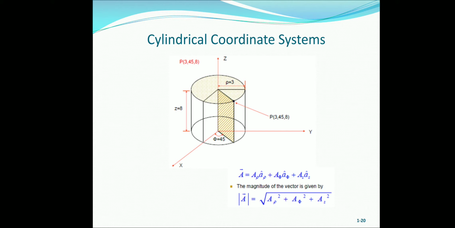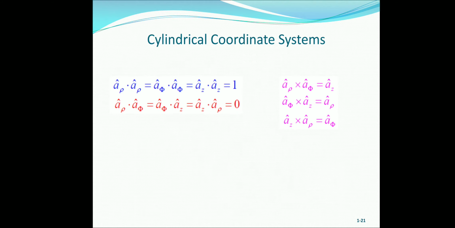Then A rho, A phi, A z are the components of the vector. The magnitude of vector A is given by the root of A rho squared plus A phi squared plus A z squared.